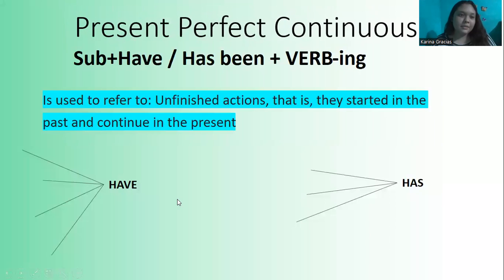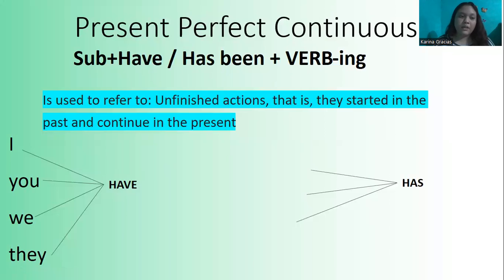Well, I am Karina Gracias, and today I'm going to talk about the present perfect continuous. The present perfect continuous is used to refer to unfinished actions, that is, they start in the past and they continue in the present. The structure is subject plus have or has been, and remember we use have or has depending on the person we are talking about.